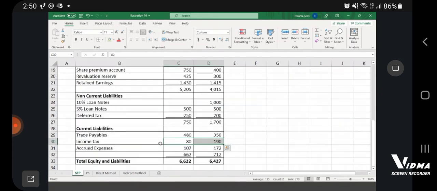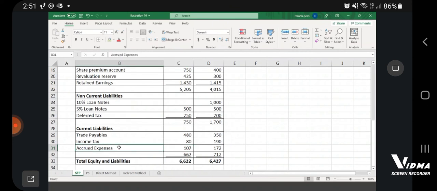continue. Notice something else. Do you remember the accrued expenses over here? Okay, the opening balance is 172, and the closing balance is 107, and probably the accrued expenses have something to do with the operating section or operating activities.